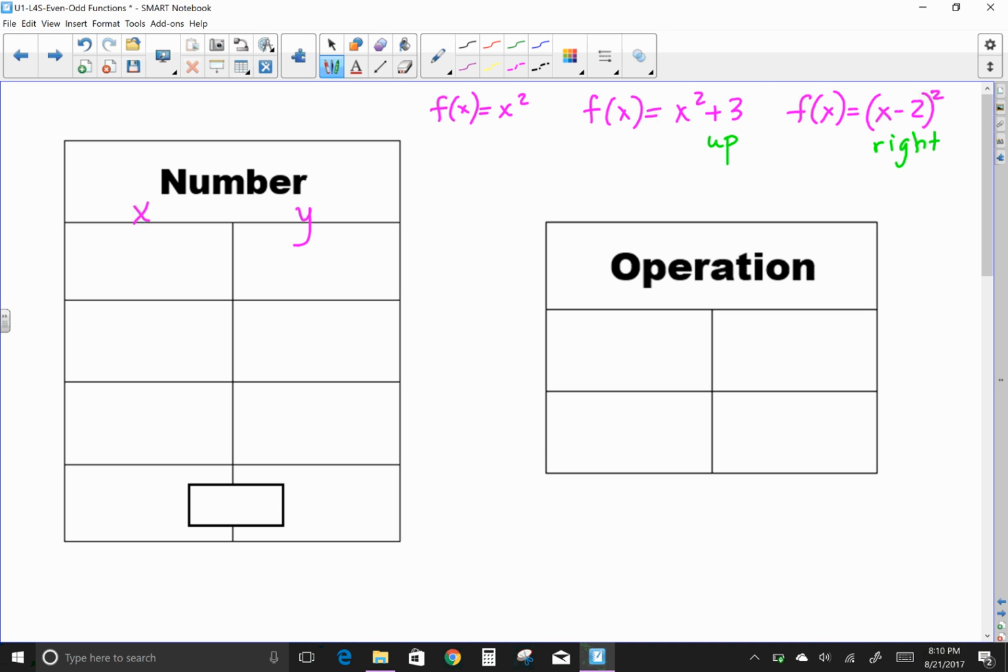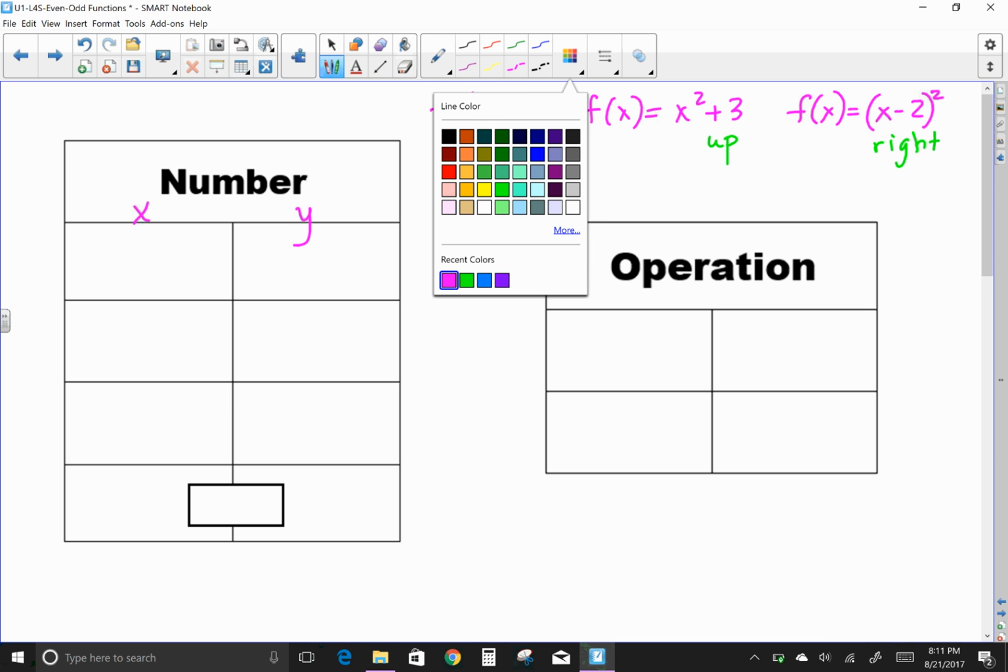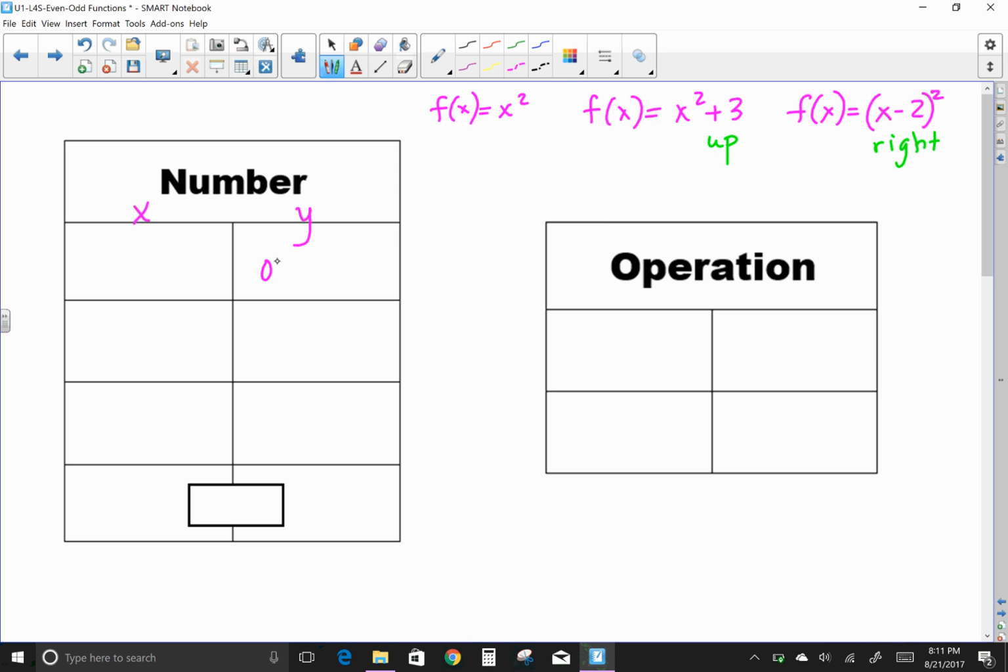And one of those numbers is inside the parentheses and one is outside. So outside the parentheses moves the graph up. Which one of these variables moves the graph up? Well, I hope you all know that was y. And so whenever you have that number outside the parentheses, then you know it's going to affect the y value. If it's inside the parentheses, it's going to affect your x.